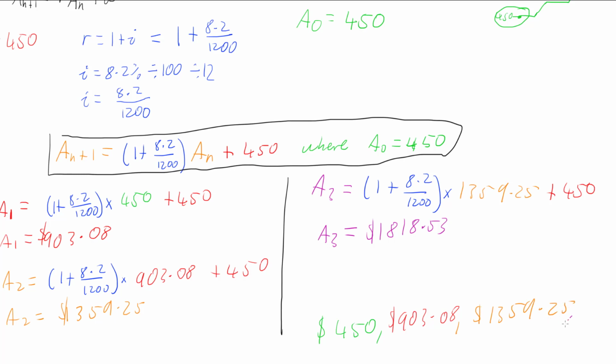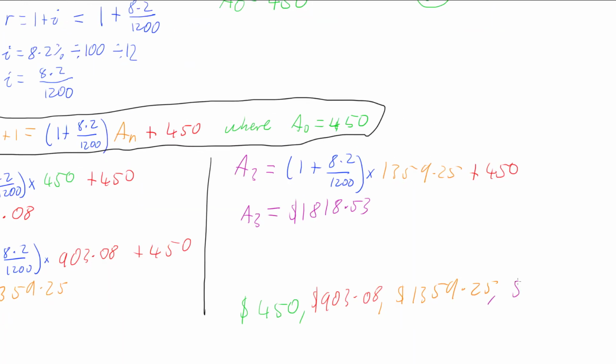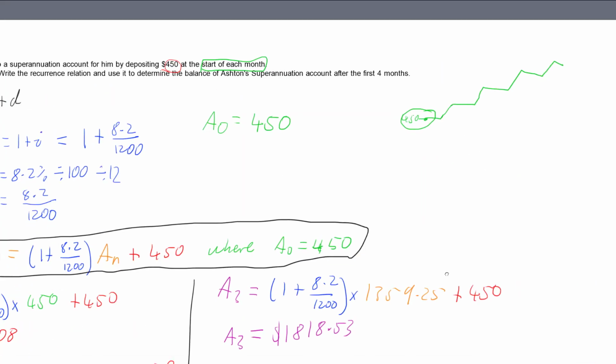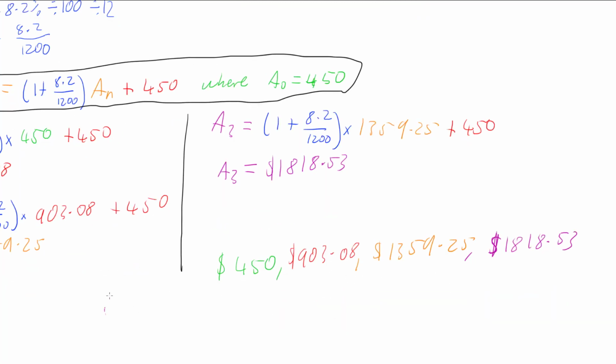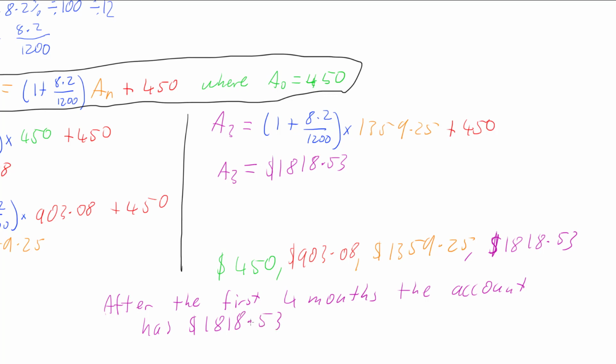And at the fourth month, we're going to have $1,818.53. So after the first 4 months, the account has $1,818.53.